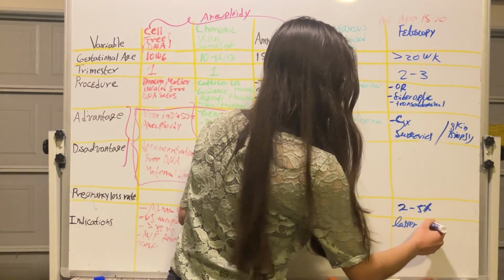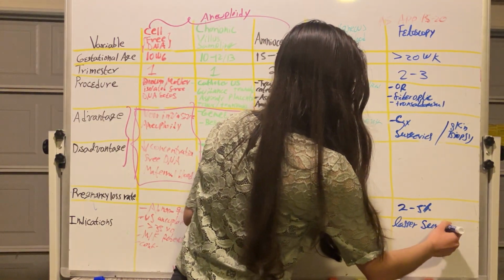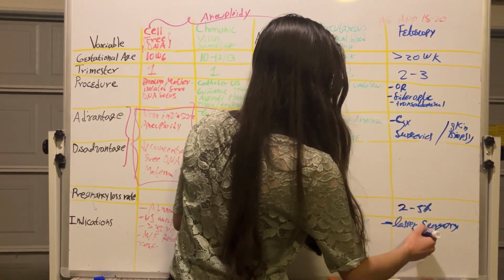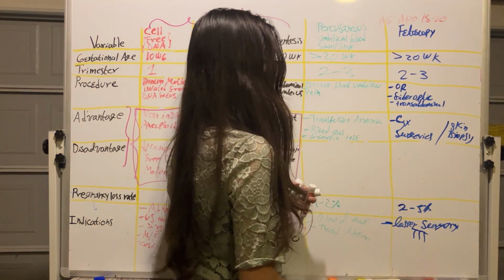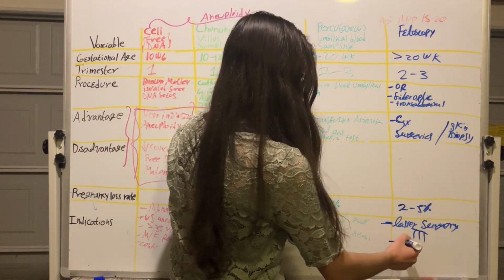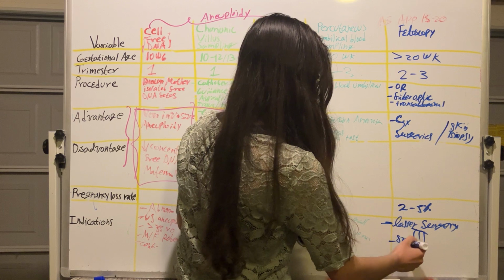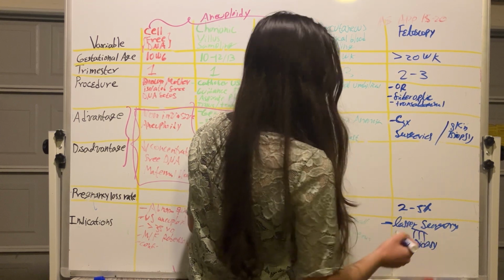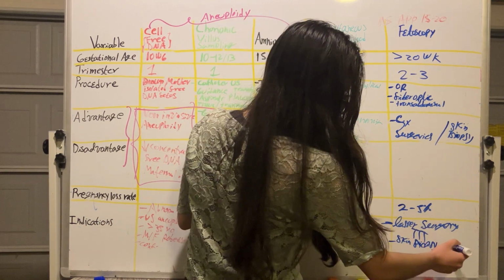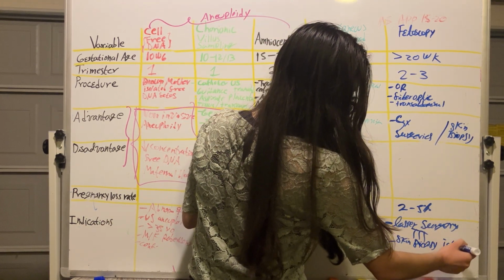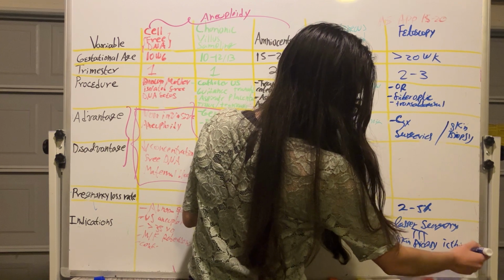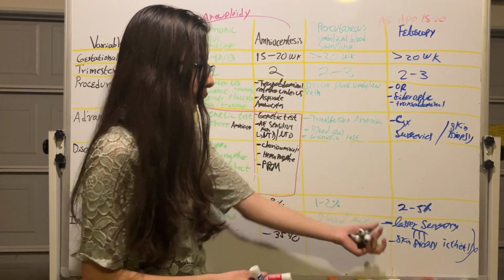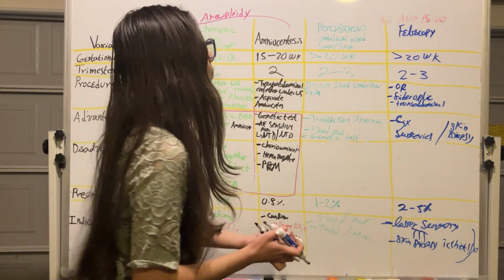So laser surgery for twin transfusion, or for example, if we need a skin biopsy for fetal ichthyosis, which is a condition where the fetus has a very hard skin.